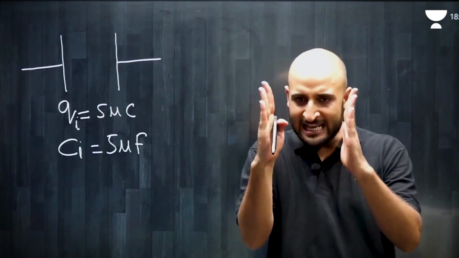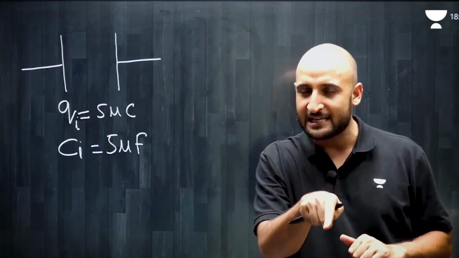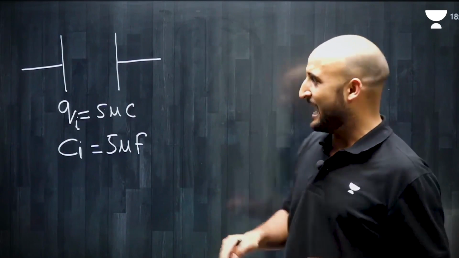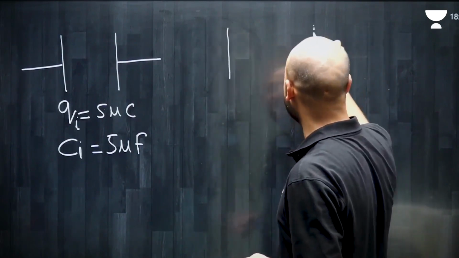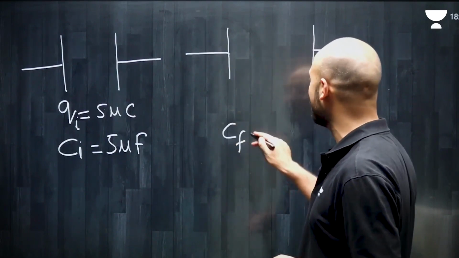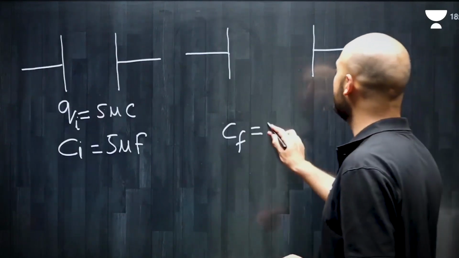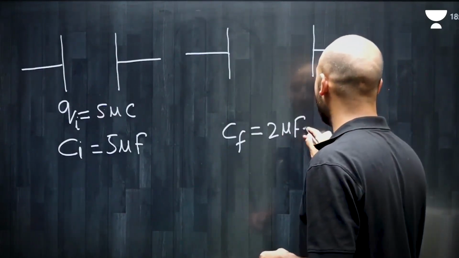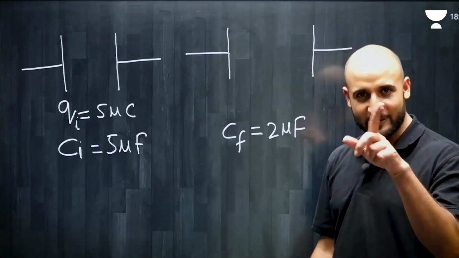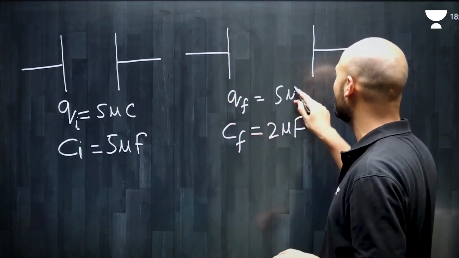When you're increasing the distance between the two plates, capacitance of the parallel plate capacitor will decrease, because capacitance of the parallel plate capacitor is inversely proportional to D. Question tells me you have pulled the plates apart, so the final capacitance becomes 2 microfarad. My question is, what will happen to the charge? Let me tell you that the final charge will be same as the initial charge, 5 microcoulomb.